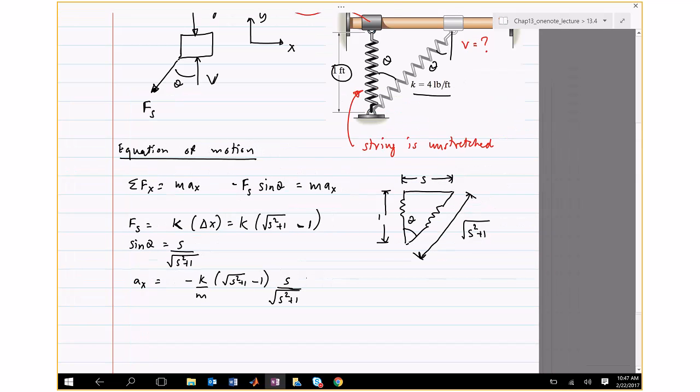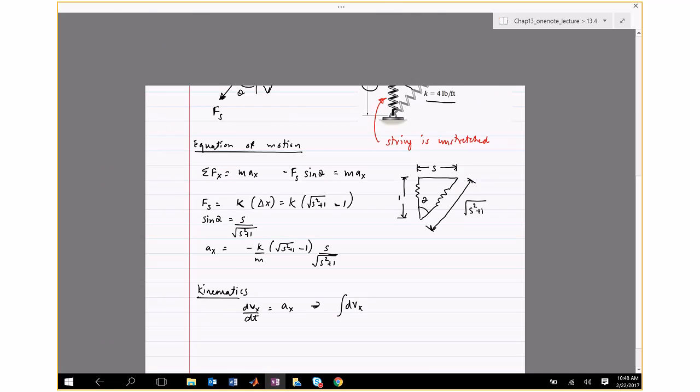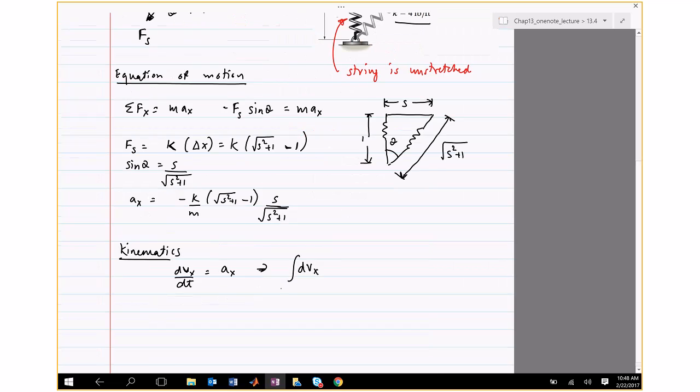Okay, eventually I want to find the velocity. So I need to use the relation between velocity and acceleration, which is dv/dt is a. So the final step is kinematics. So dvx/dt is ax. So the integral of dvx from the initial velocity, which is 15 feet per second, so it's 15 here.